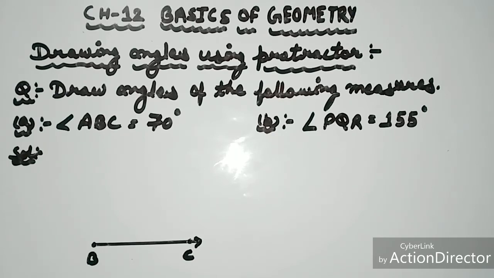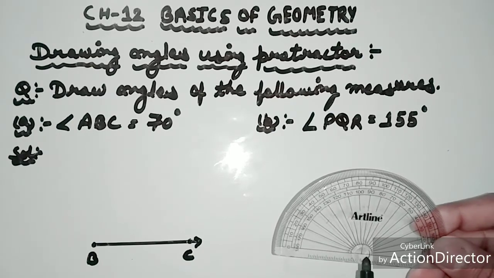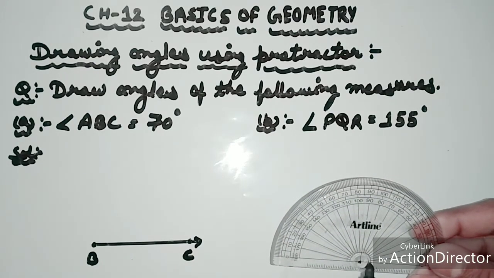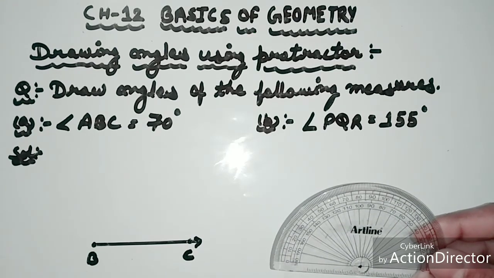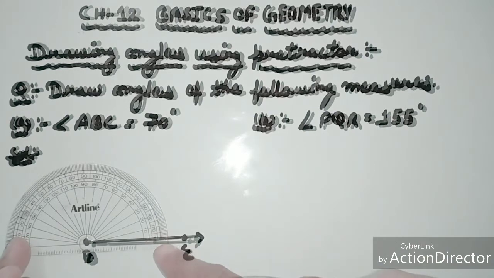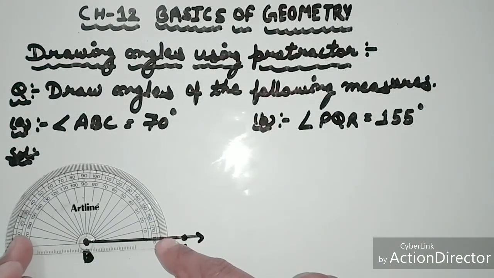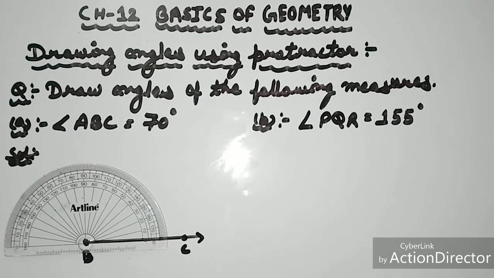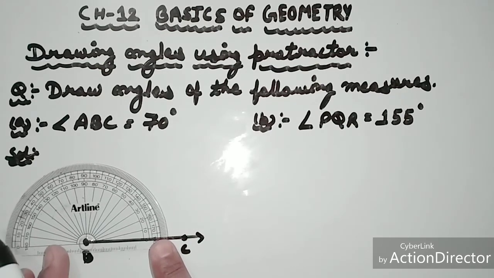Now place the protractor such that its center mark is here. So place the center mark on point B. Now the end point of the ray, align the ray with the 0 mark. This line is 0 degrees.